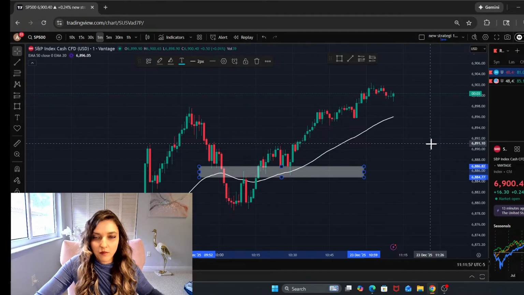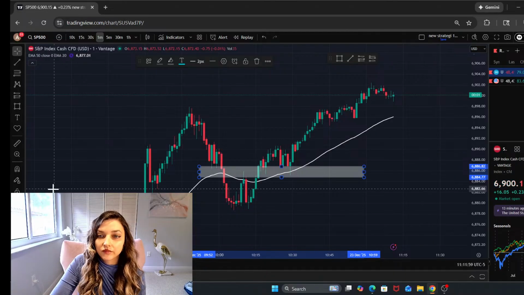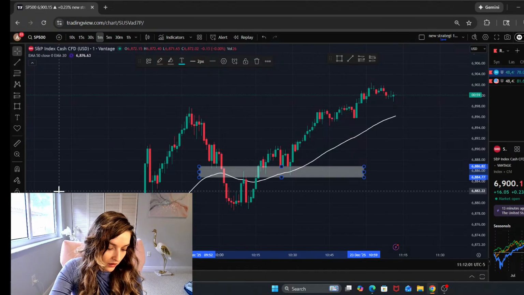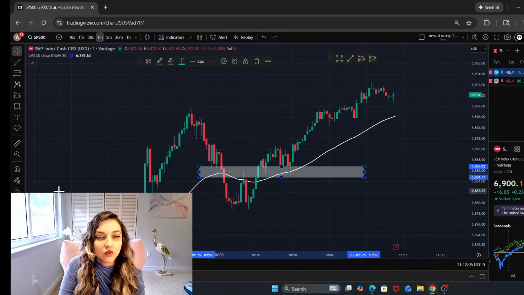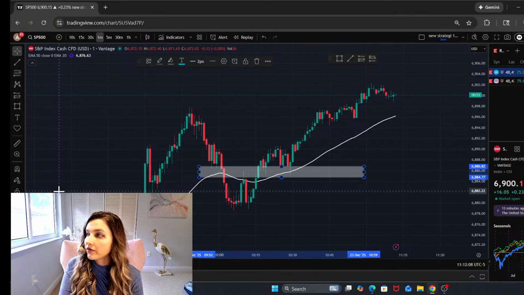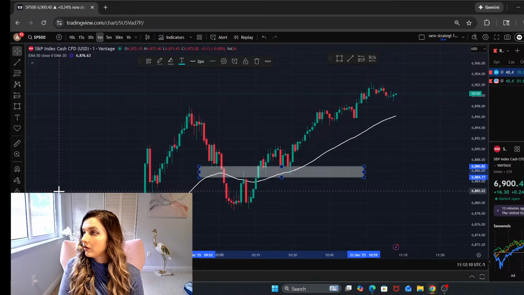I had a hair on my mouth. I'm looking to reverse at around 51. 51 what?